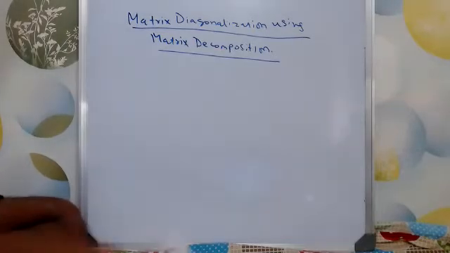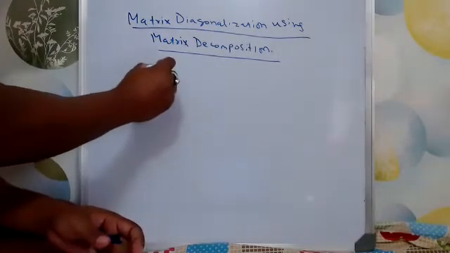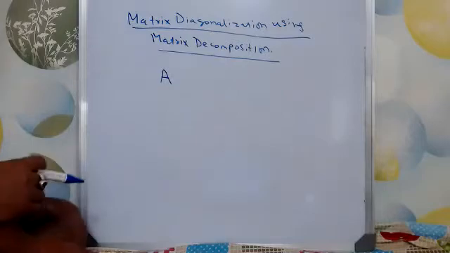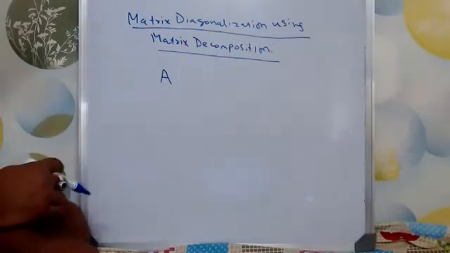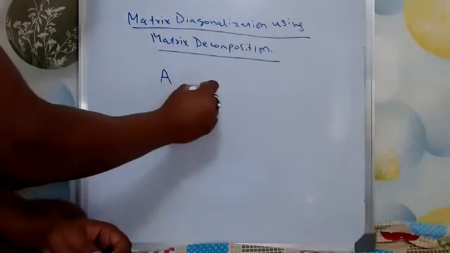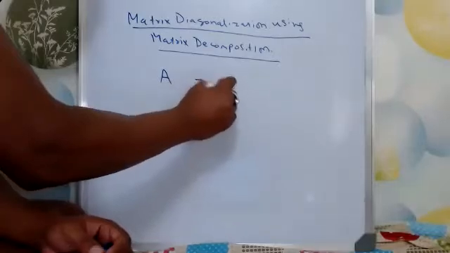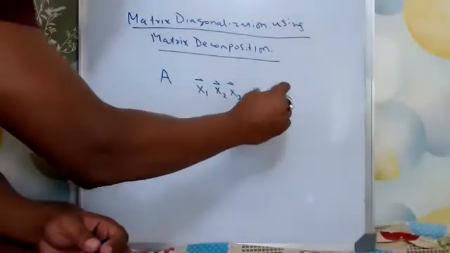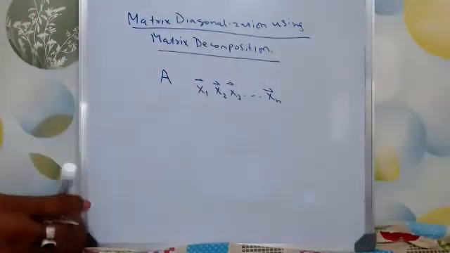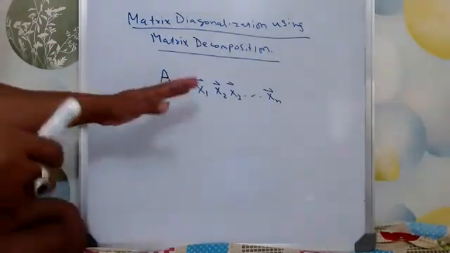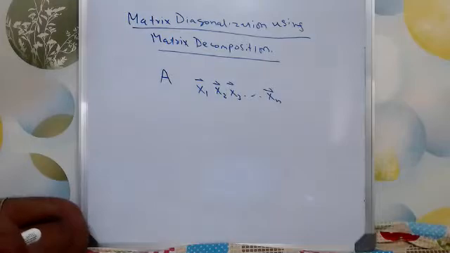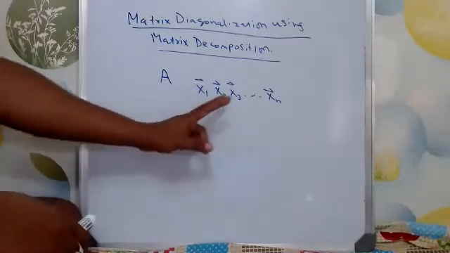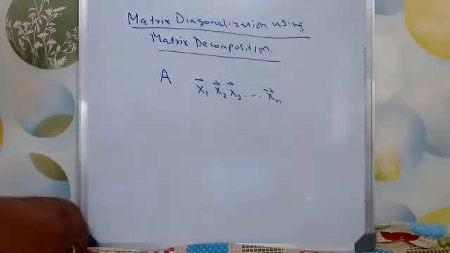Suppose we have a matrix A which has n eigenvalues, say x1, x2, x3, like this, eigenvectors. So there is a matrix A and it has n eigenvectors, where each of the eigenvectors is independent of each other.